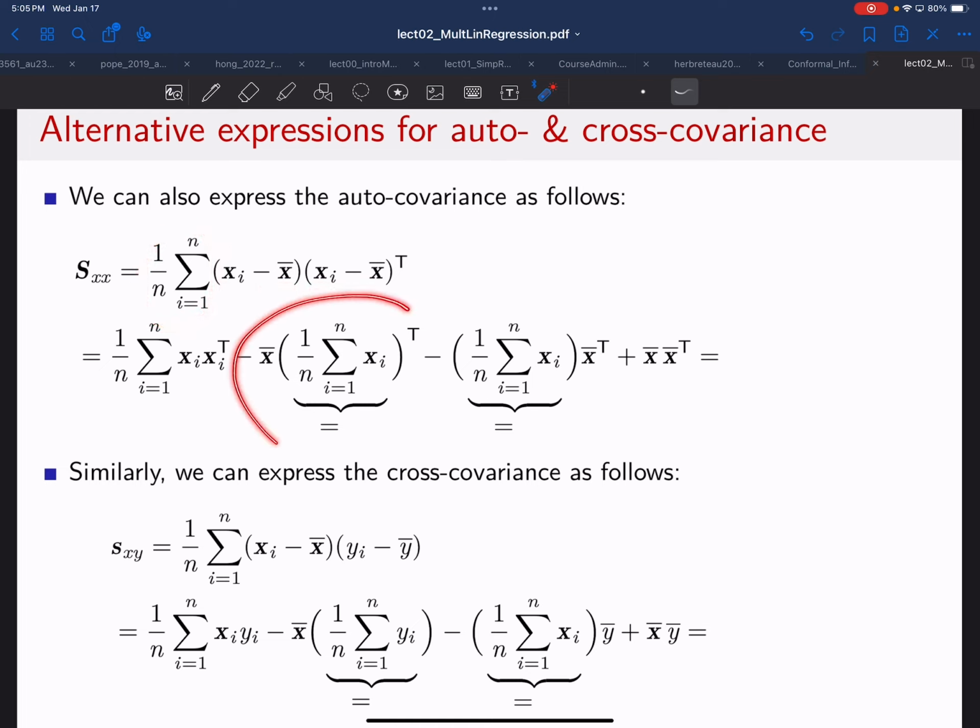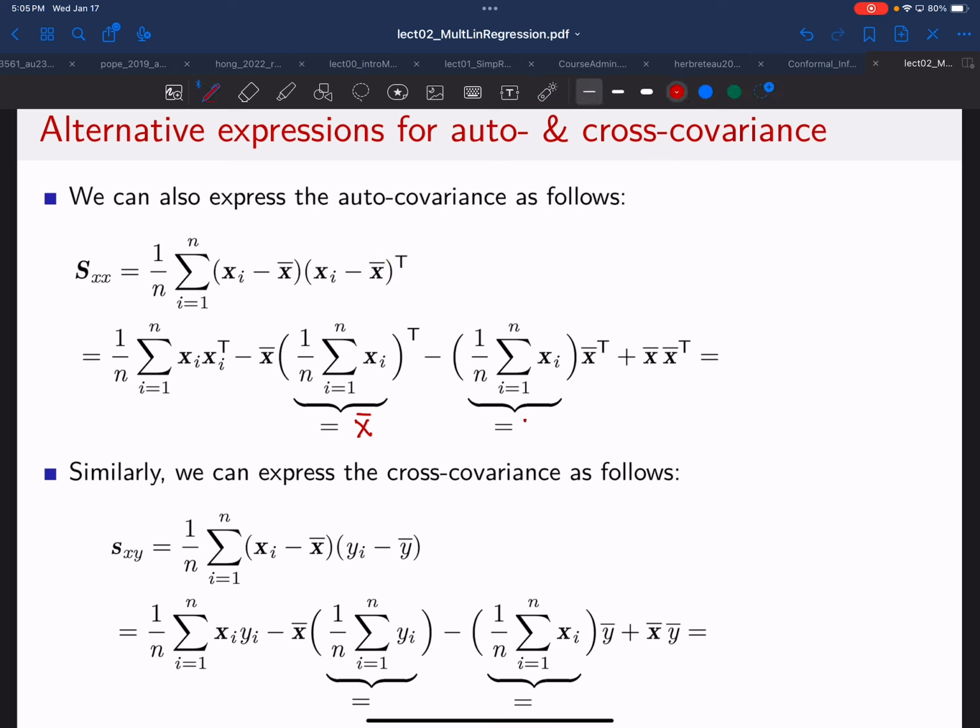So that gives you this. You can pull out the x bar because it does not depend on i. And what remains over here, does anybody see what that is? That's our x bar, right? So that's x bar, and then that gets transposed. For the next cross term, we have xi, x bar transpose.